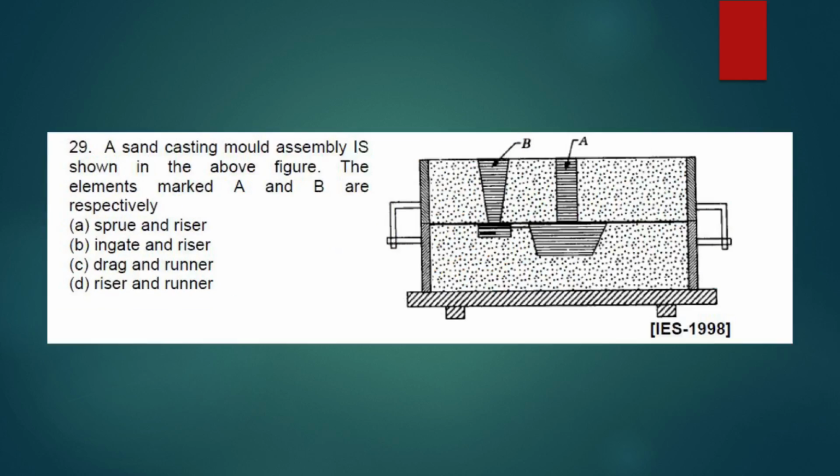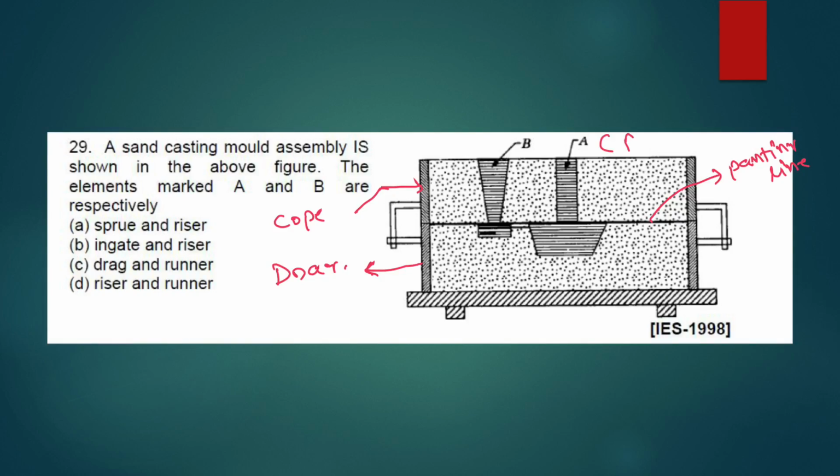A sand casting mold assembly is shown in the above figure. The elements marked A and B are respectively what? Here, this middle line is the parting line. Above the parting line is the cope, and below the parting line it's the drag. Then here A is your riser.